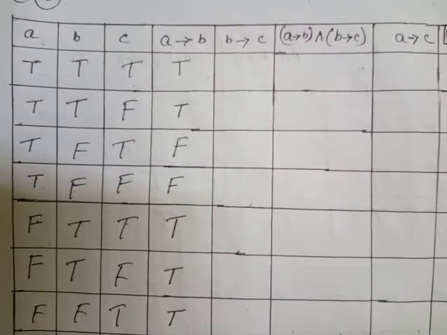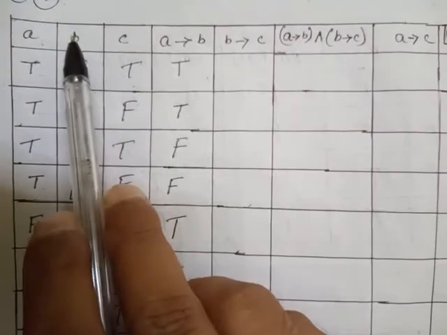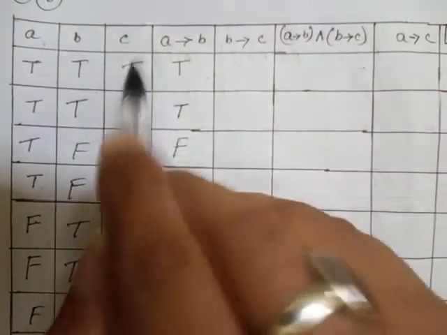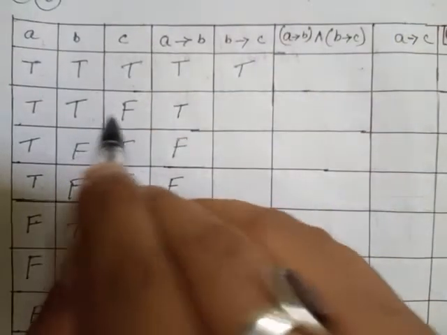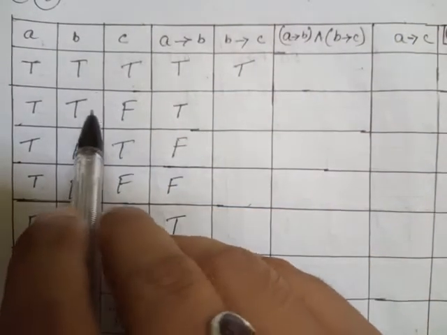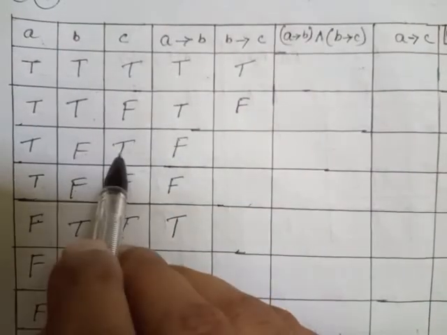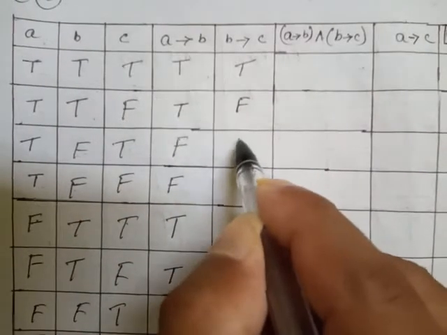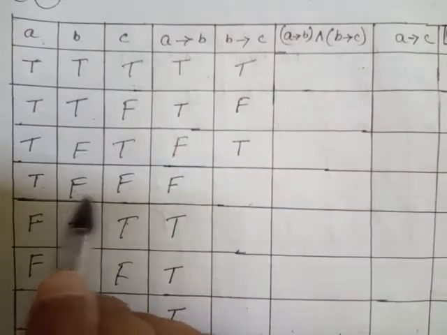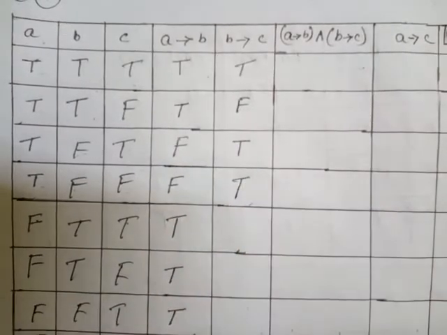Similar way, student, similar way we'll find out the B implication C. Now true true is true, true false is false. Now again false true is true, then false false is true in implication.